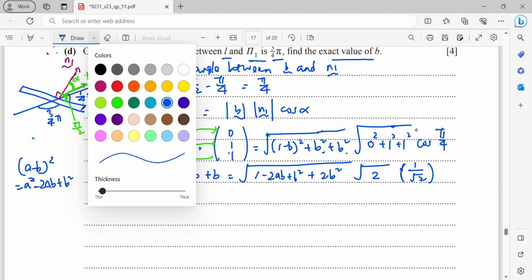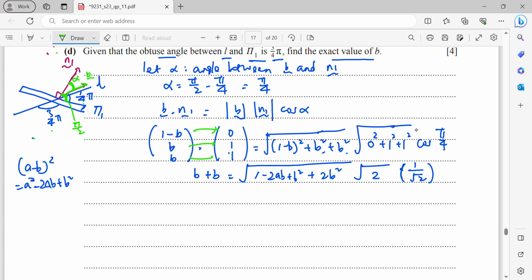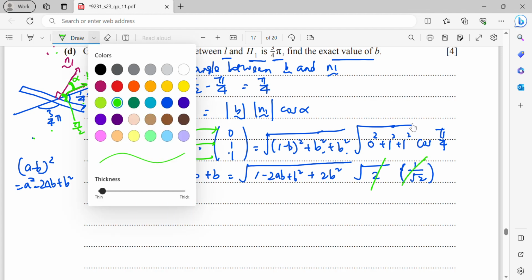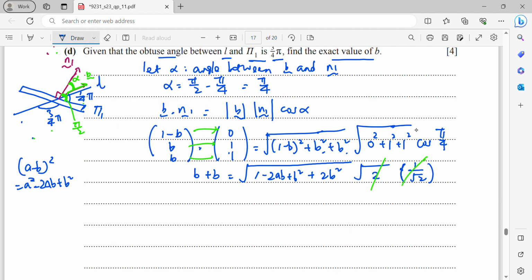Now cos pi over 4 is basically 1 over square root 2. So from here, I can cancel off square root 2 and 1 over square root 2. Now my left hand side is 2b, right hand side is the square root of b squared, here is b squared, here is 2b squared, becomes 3b squared.